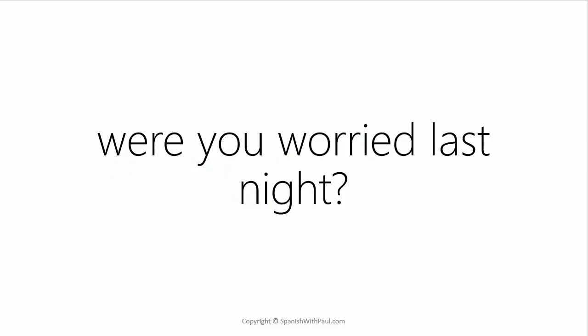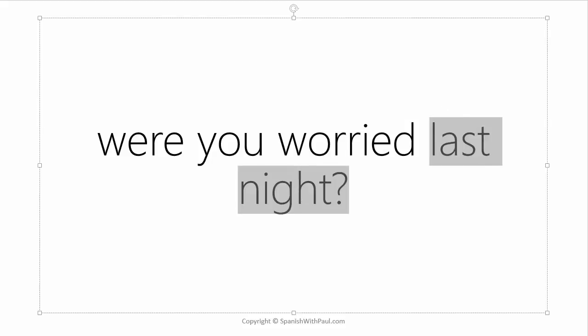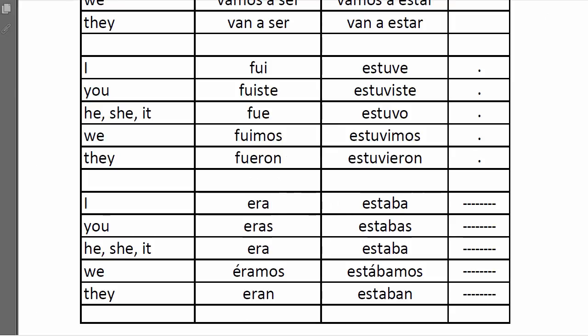Were you worried last night? You know that we're in estar because it's an emotion, but now we have a dot. Last night, that's the dot. So were you is now going to be estar with a dot. So we have estar with a dot. Estuviste for were you.